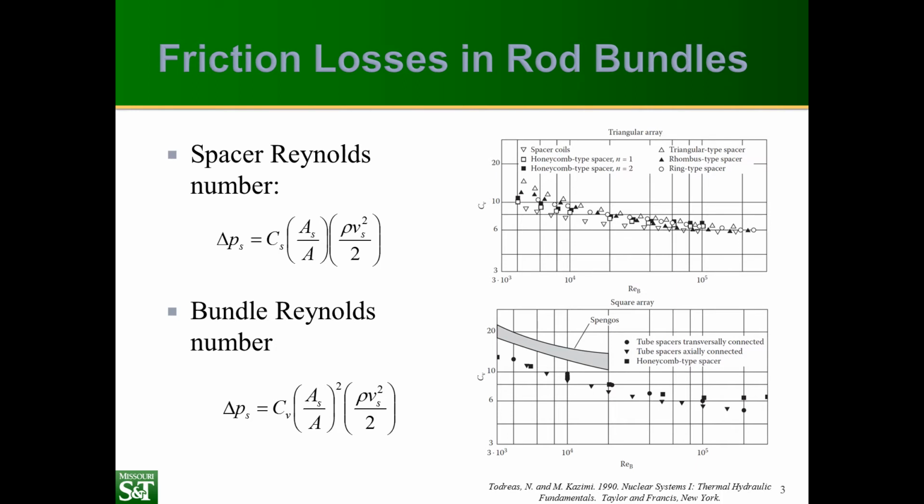And then you need to have your area ratio between the spacer and the bundle in order to complete the set of equations. Now, we can't use the velocity through the rest of the bundle as the spacer velocity because the spacer takes up some space. So the velocity in the spacer is always going to be higher than the velocity in the bundle.